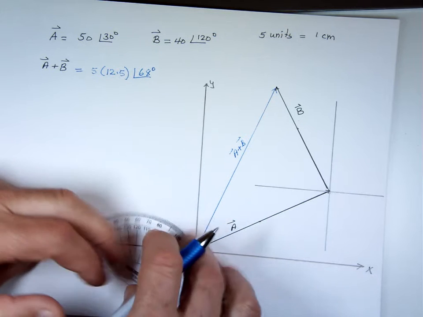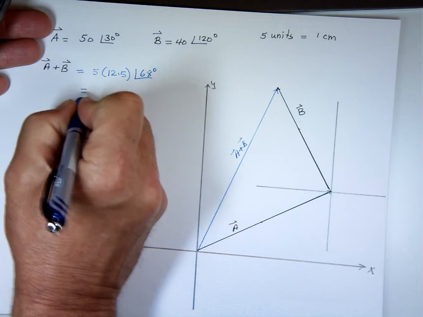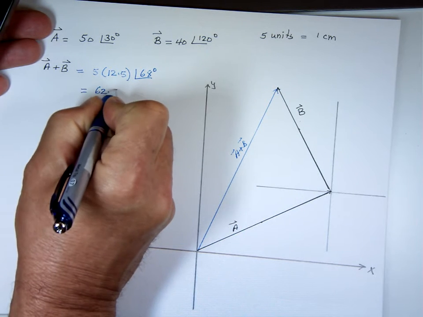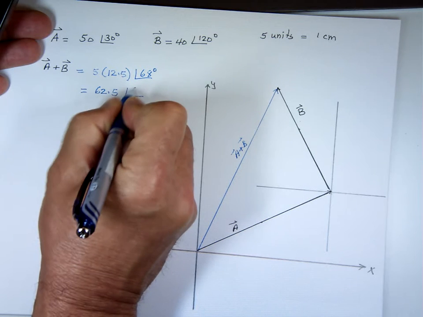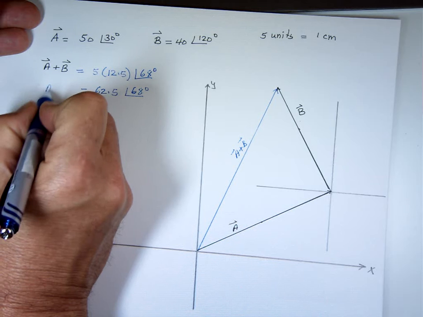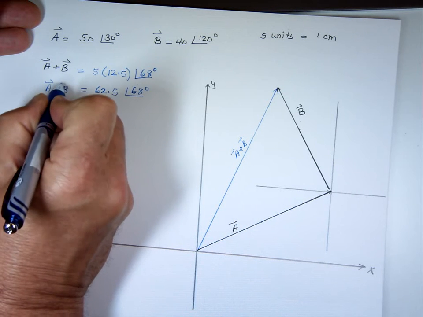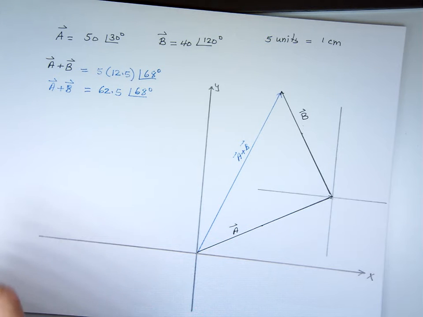So what's 5 times 12 and a half? It's actually 62 and a half, angle 68 degrees. That's A plus B. We can't tell you if that's right or not yet, till we do them mathematically. Then we'll see if the number agrees with us.